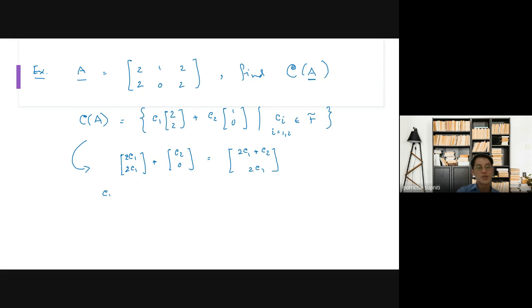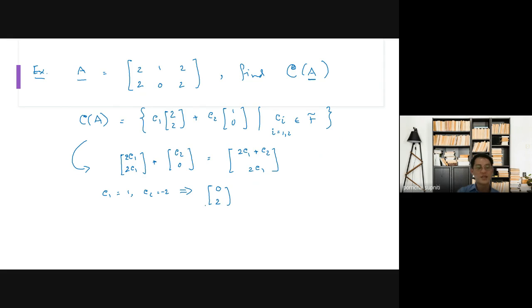Let's say C1 is 1 and C2 is minus 2. Then what do we get? 2 minus 2 is 0, and 2C1 is just 2.